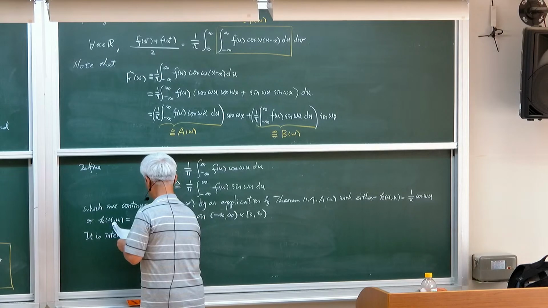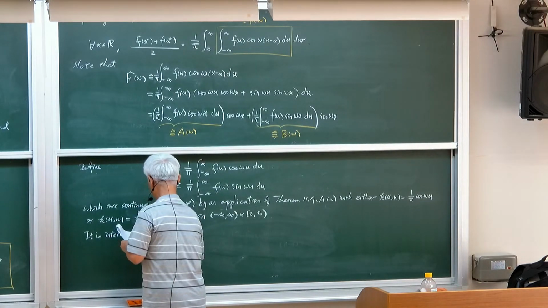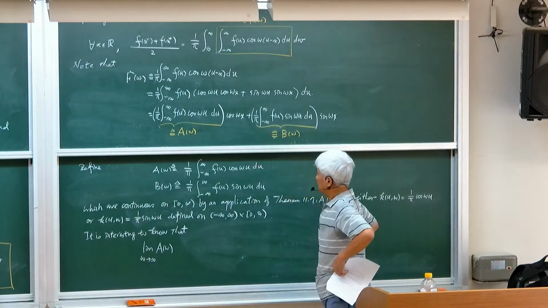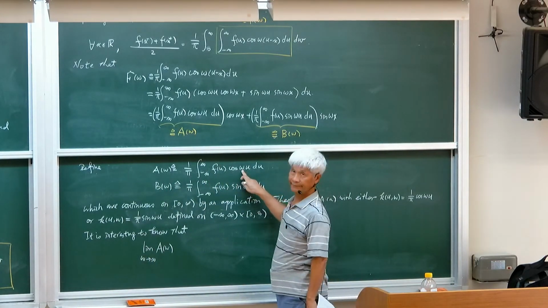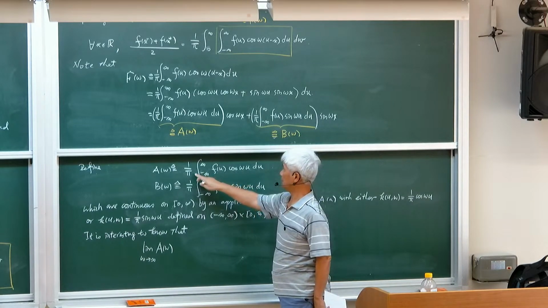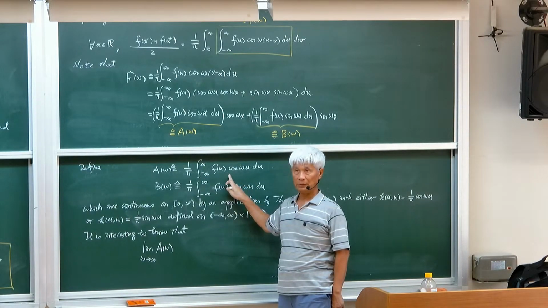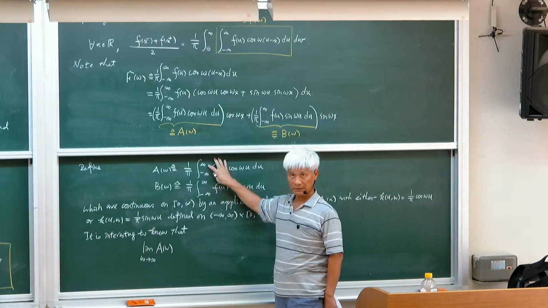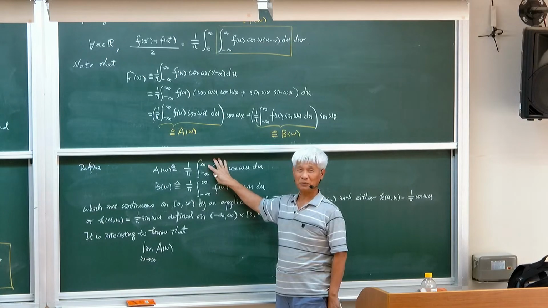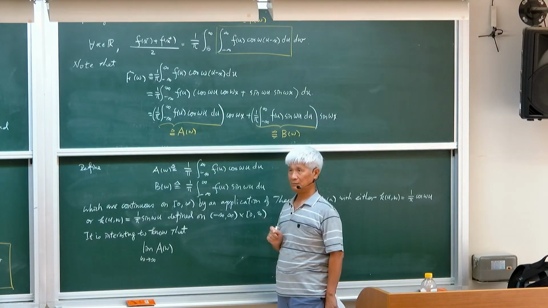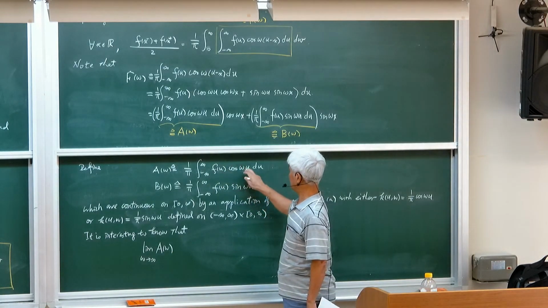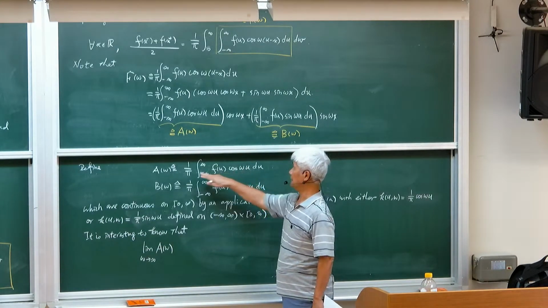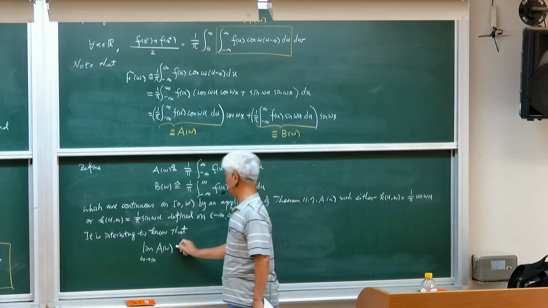If we take omega to infinity, then this integral goes to 0 by the Riemann-Lebesgue lemma again. Why? Because f of x is absolutely integrable over the whole line. So as the angular frequency goes to infinity, this goes to 0.